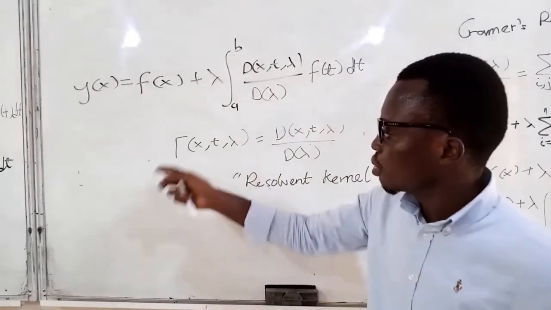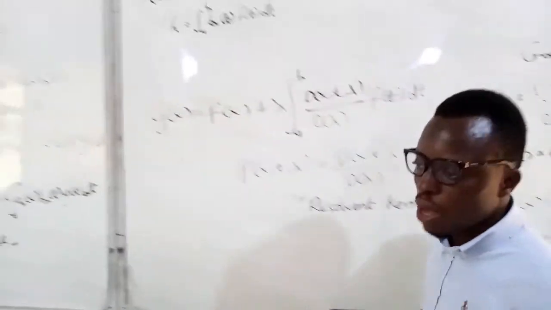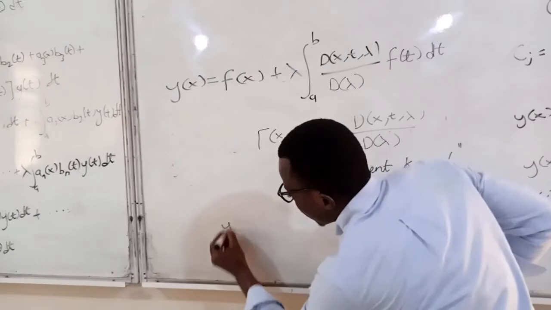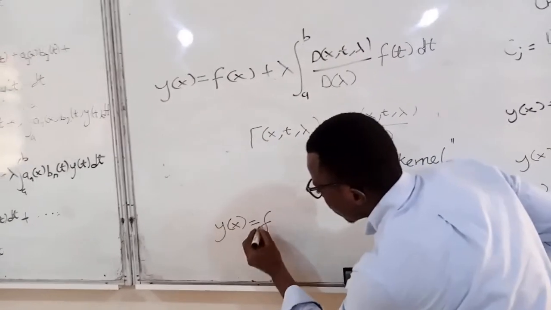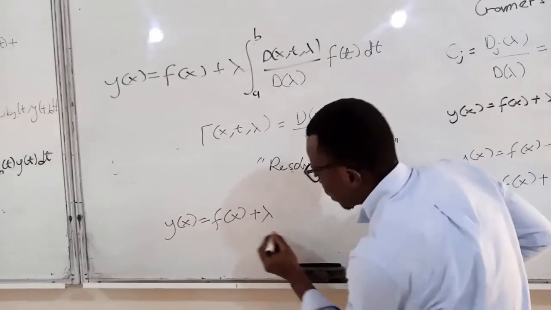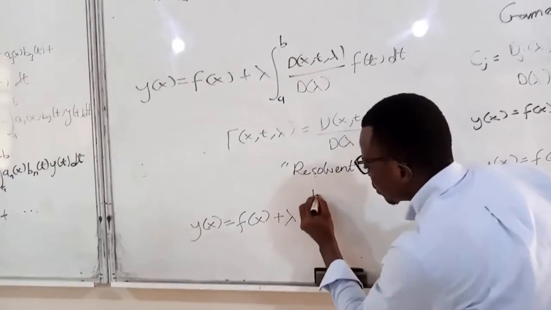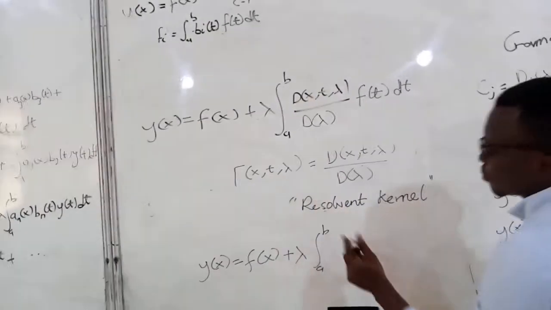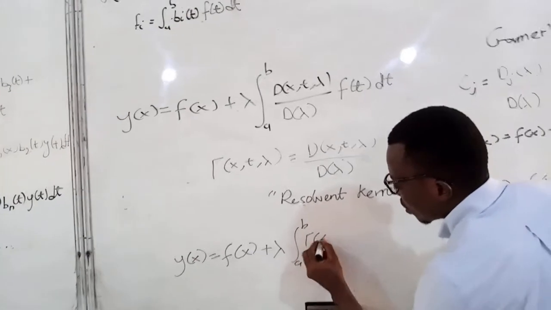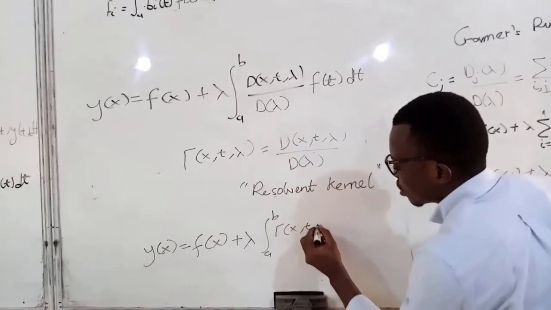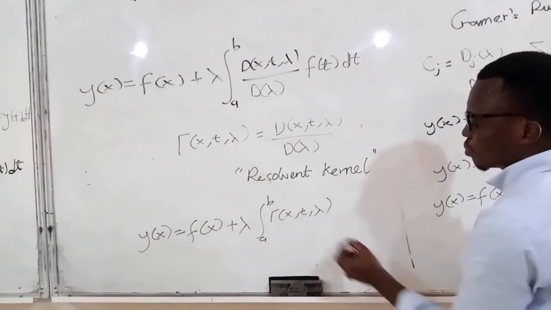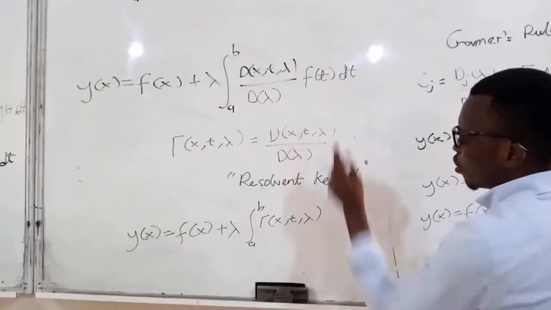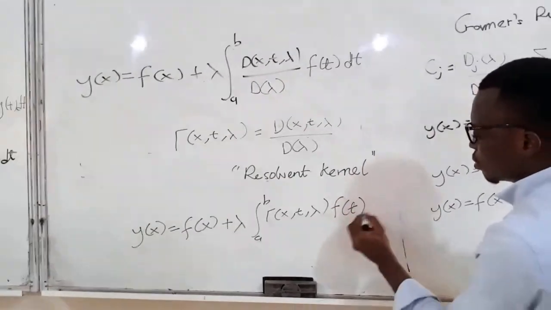Substituting the gamma, I'm going to have y of s equal to f of s plus lambda integral from a to b of gamma of s, t, lambda, then your f of t dt.